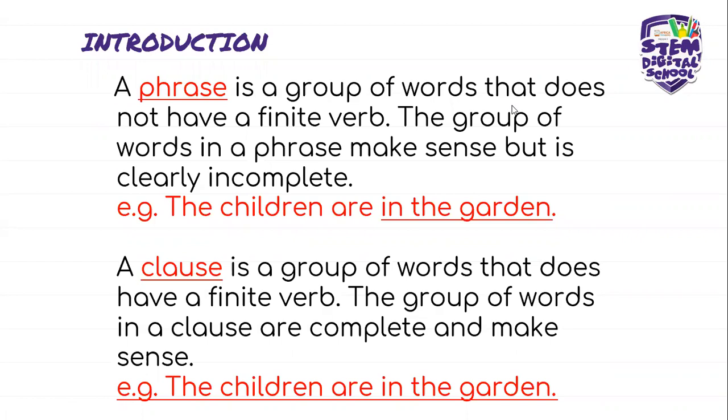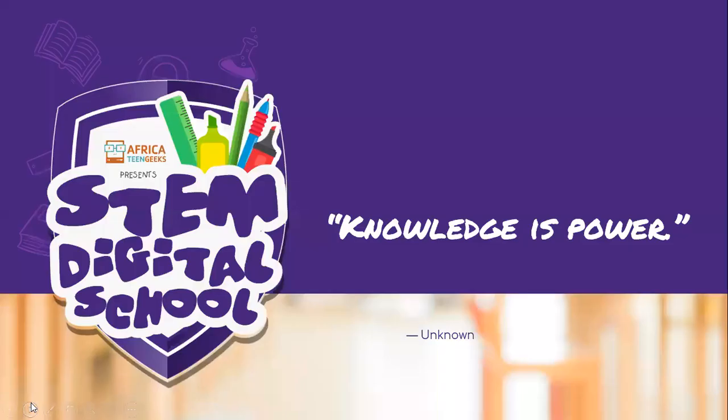That's something you need to remember. And you also need to remember that a clause is a group of words that does have a finite verb. This group of words in a clause, they are complete and they make sense. That is what we need to remember from yesterday so that we are really ready for what we have in store for today.